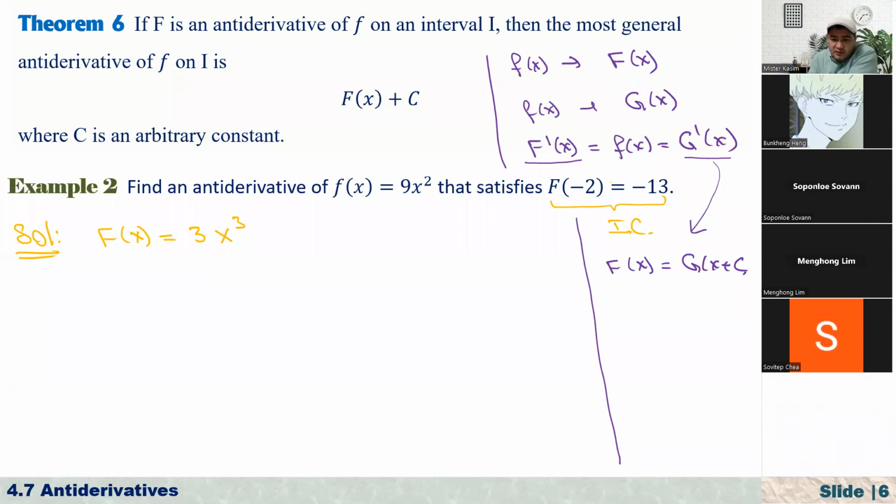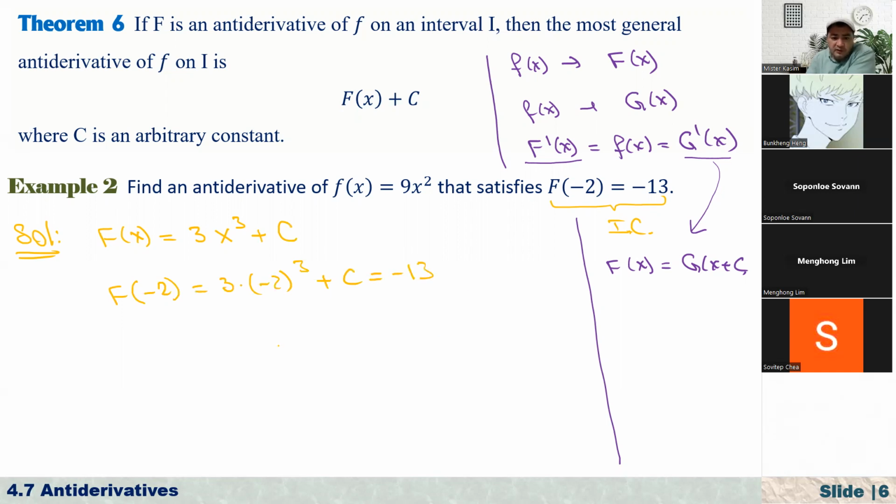And now, the initial condition is given. That's why I need to add C here, the most general one. Now, using this condition, I'm going to find the value of C. So we know that F at x equals -2 is 3 times -2 cubed plus C, and that is equal to -13.